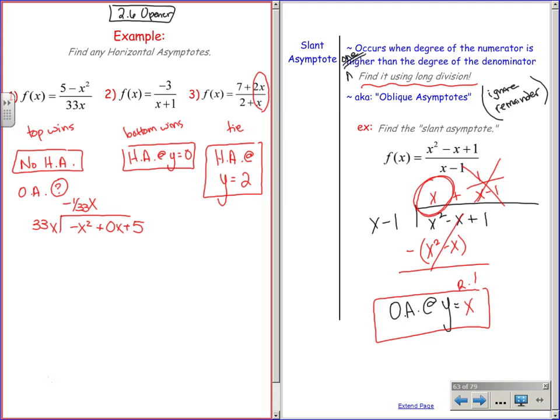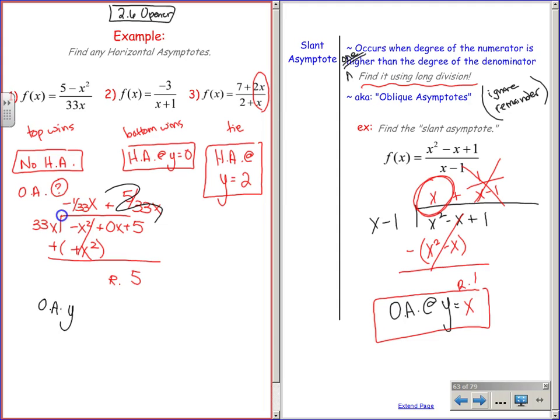Yeah, the 33s will reduce. The negative x times x is negative x squared. Oh, whew, we don't even have to distribute. That's good. So when I bring it down, I just end up with a 5, and that's my remainder. Wait a minute, what did I tell you yesterday about remainders with these guys? Yeah, ignore the remainder when you're trying to find the oblique asymptote.